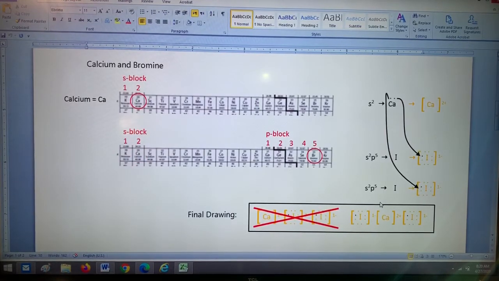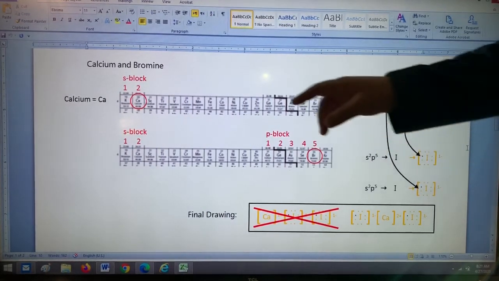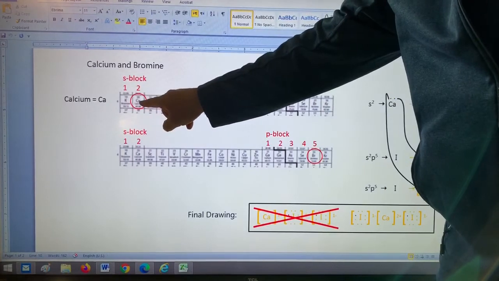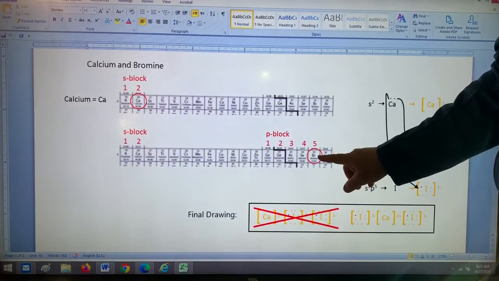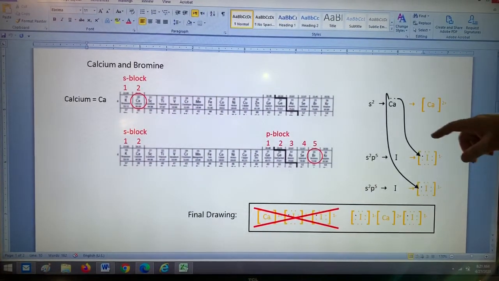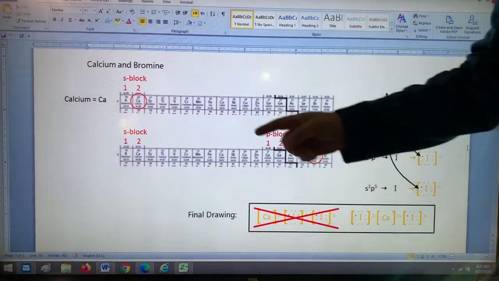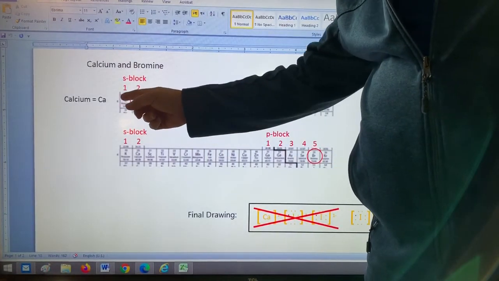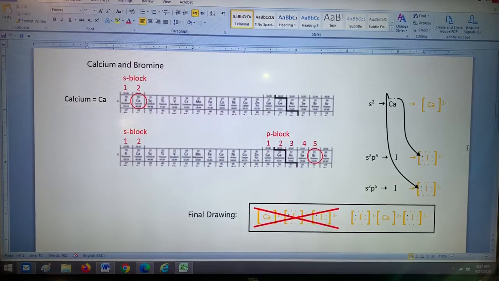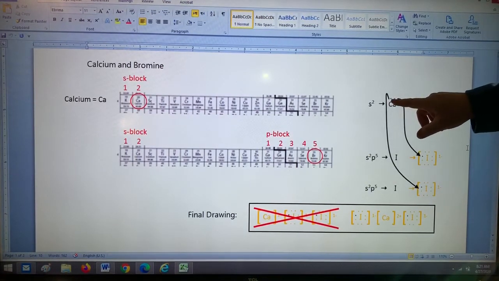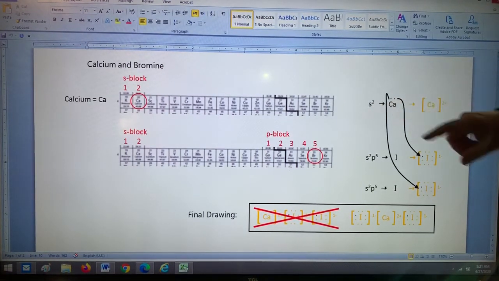Here's one that involves calcium and bromine. So calcium is right here, bromine is right there. We've already seen how calcium is an S2 because it has two squares in the S block. And we've seen that it has two dots because of the two blocks representing the two electrons.